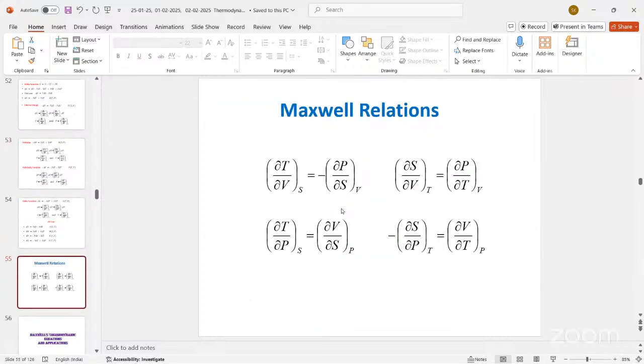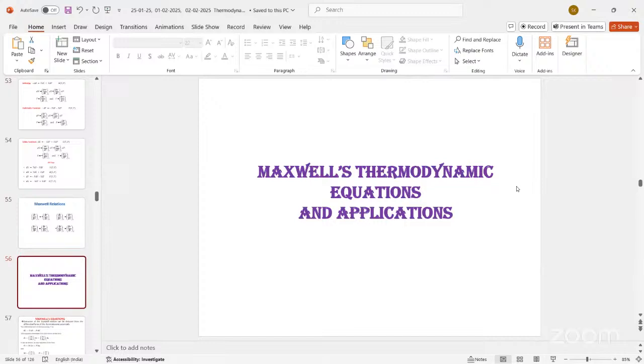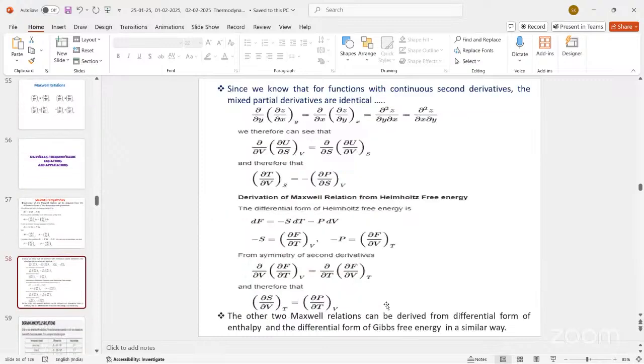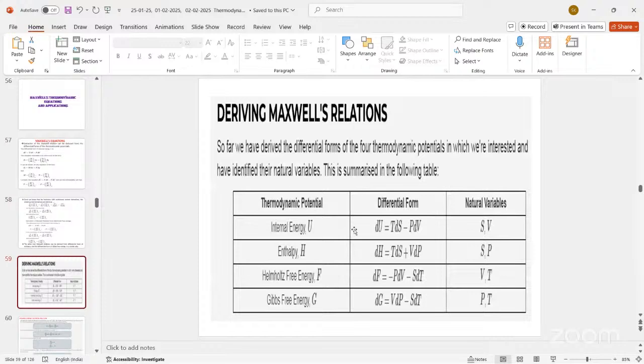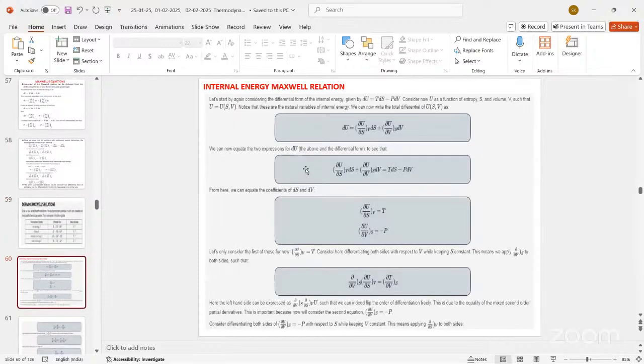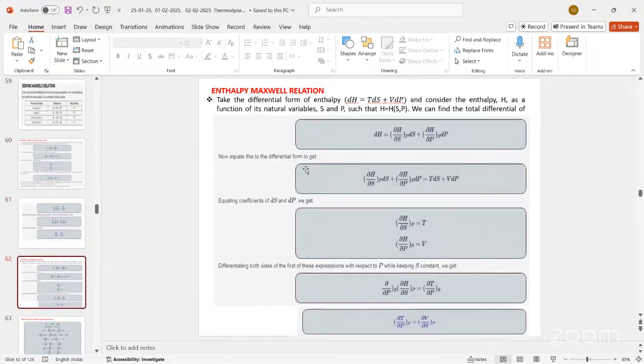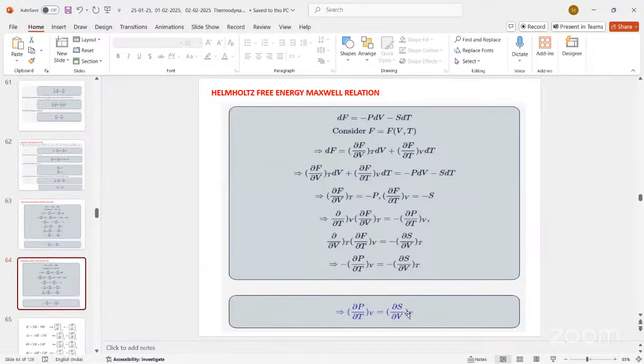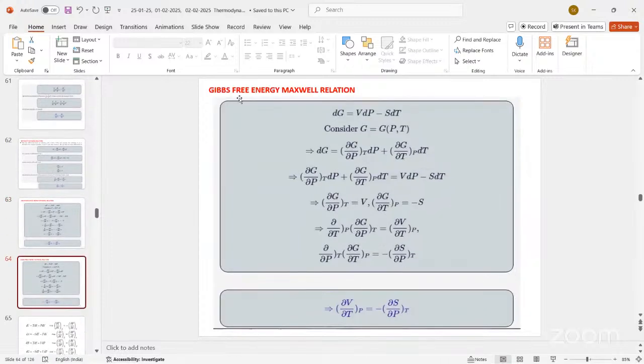Maxwell relations also we discussed in the last class, the thermodynamic equations and applications also. These are the Maxwell relations we saw: for internal energy, for enthalpy, for Helmholtz free energy, and for Gibbs free energy.